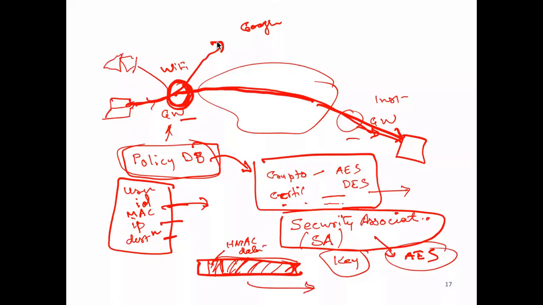All this processing is done by the gateway or VPN server here, on the packet, based on this security association. At the other end, when your packet is received, the security association information is available; it will look at the database and do the decryption and authentication.